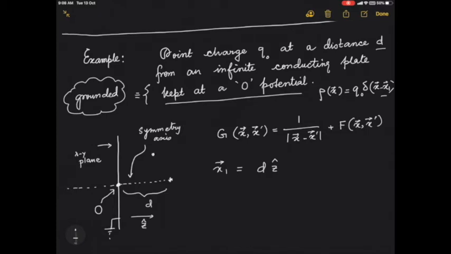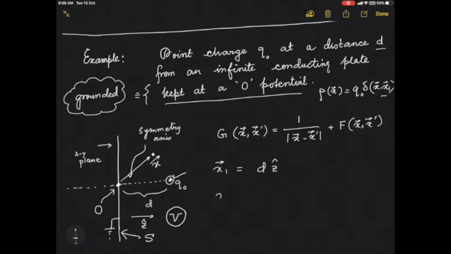And if I want to calculate the potential at any point x, you see my charge is here. So this is the location of the charge q naught, which means my volume is this, and my surface is the grounded conducting sphere, sorry, grounded plane, because beyond that I don't have anything that I can measure, but at the plane I am given what is the potential, which is 0.